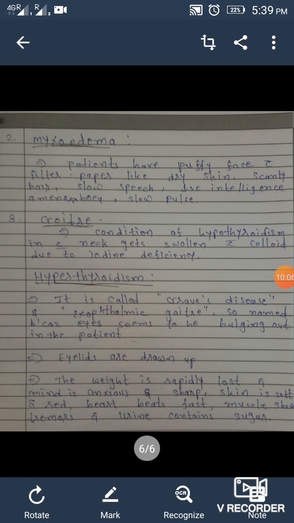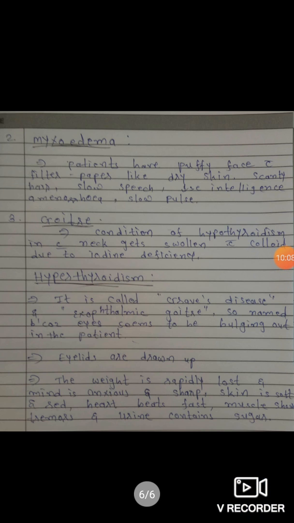Eyelids are also drawn up. The weight is rapidly lost, which means if someone is suffering from hyperthyroidism, then they will become skinny. And the mind is anxious, which means the person becomes confused. Skin is soft and red. Heartbeat is fast, which means increase in heart rate.